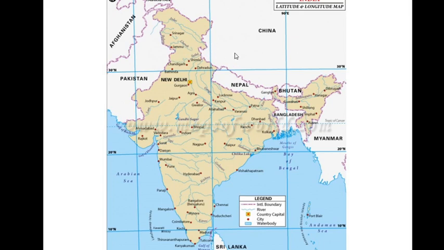The foothills and the lower elevations of Himalayas have a subtropical and tropical climate. Above this you will find temperate climate, and the high altitudinal areas enjoy an alpine or polar kind of climate. So we have all the three different kinds of climatic conditions within our country.